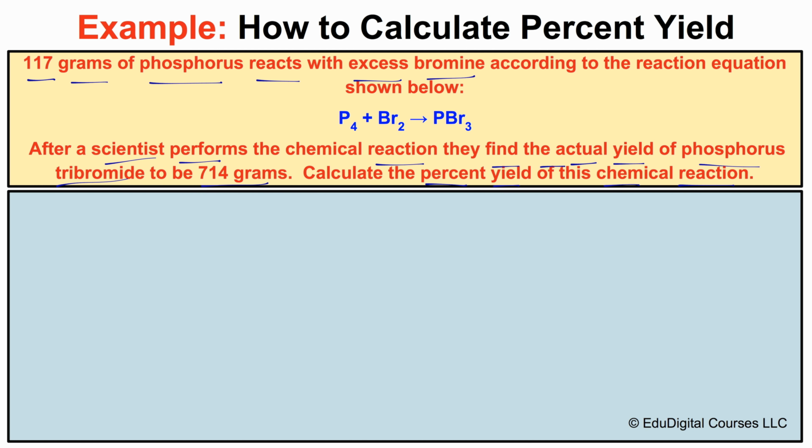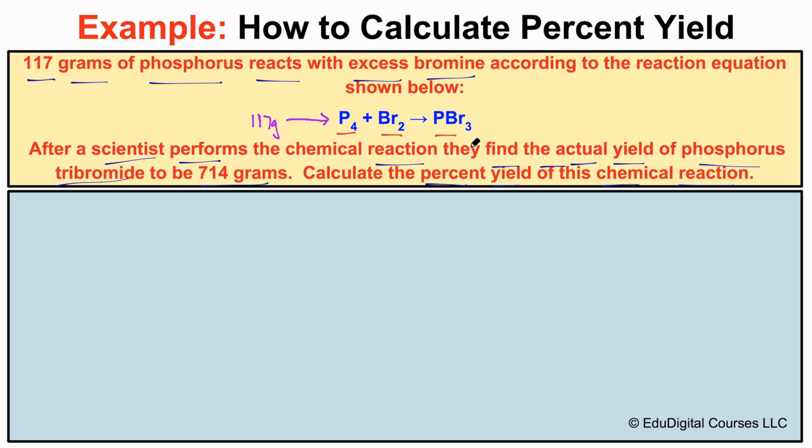So we have a chemical reaction right here where we have phosphorus reacting with bromine to produce phosphorus tribromide. If we read this question, it tells us that we have 117 grams of phosphorus reacting with excess bromine.